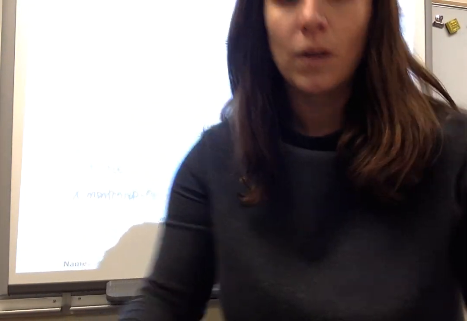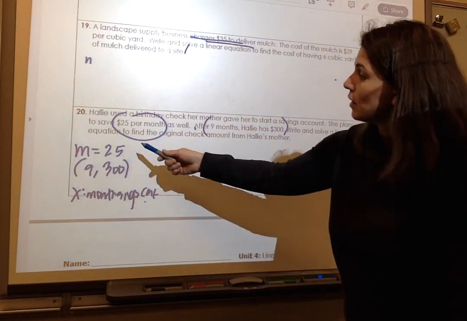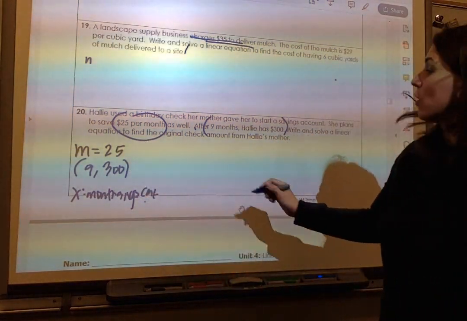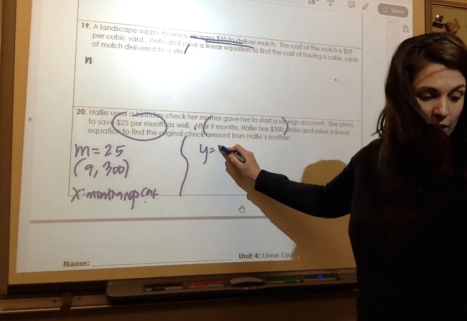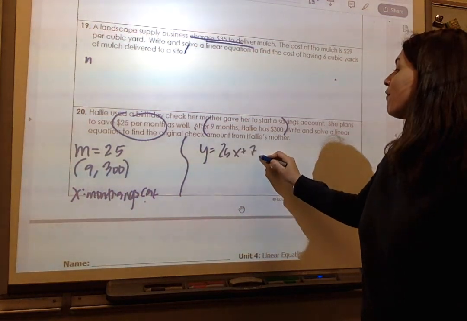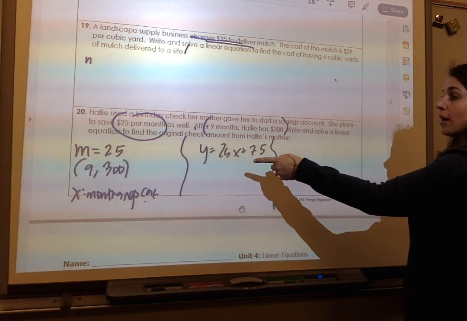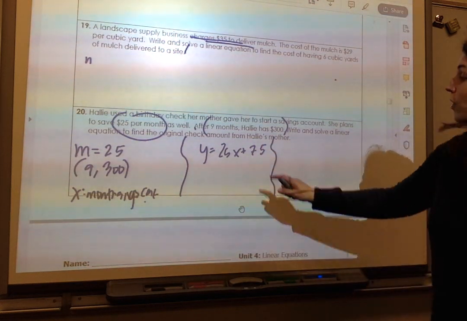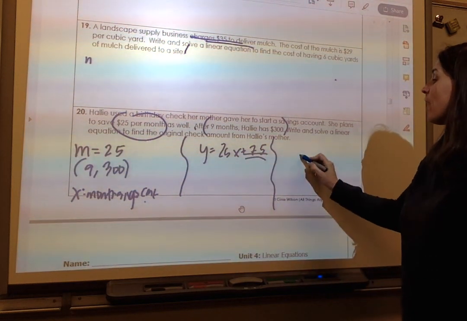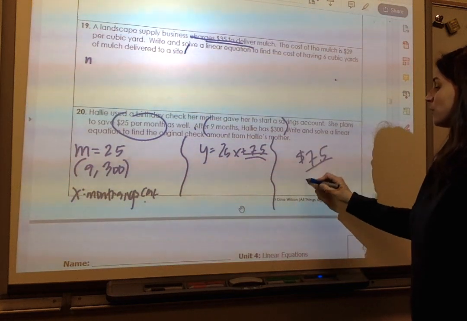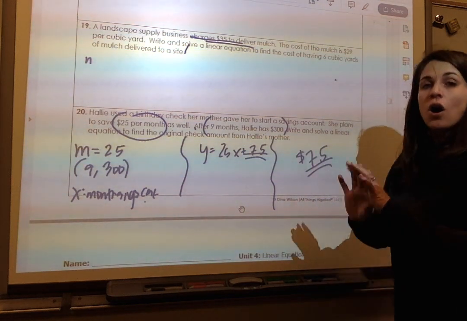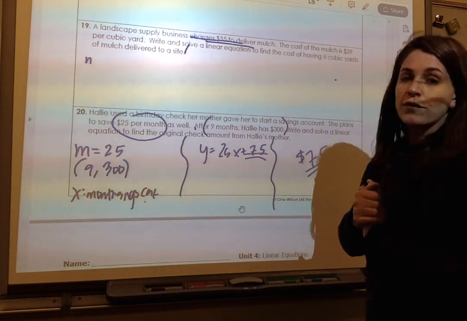Sorry, my computer zoned out. Okay, so that stands for slope. That's a point. So my equation then is y equals 25x plus 75. So solve an equation to find the original check amount from Hallie's mother. The original amount was 75. That's my beginning point. That's what she started with, 75. Hopefully you got those on your own. If not, come see me.